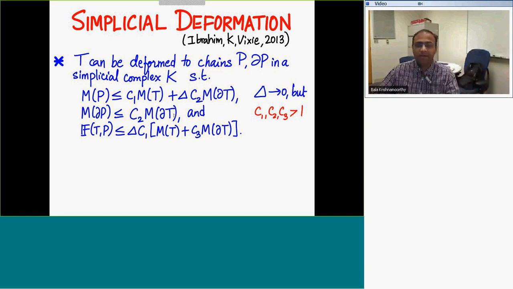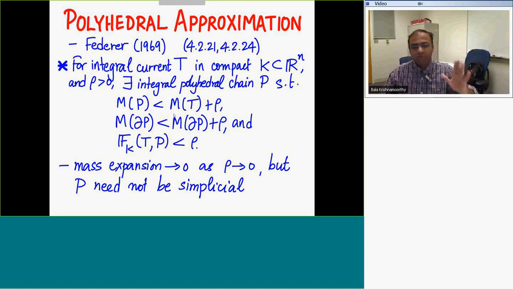But of course, we don't have integrality results in the polyhedral setting. We have the integrality result only in the simplicial case. So we want to use the polyhedral result to keep the error terms small first, and then carefully push it to the simplicial complex setting. Thanks. Okay.